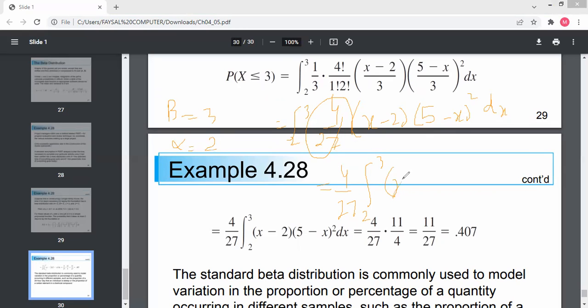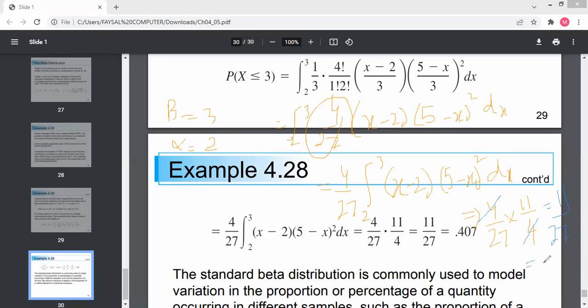Then the function is x minus 2 with 5 minus x whole square. After this, it will be 4 upon 27 multiplied by 11 upon 4. The 4 and 4 cancel out, so it will be 11 upon 27.